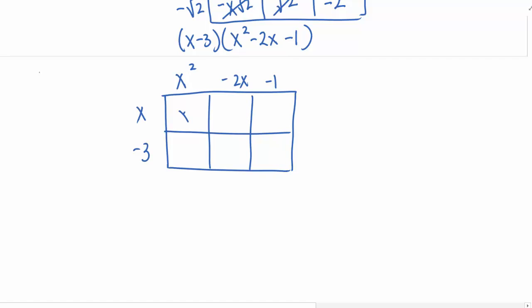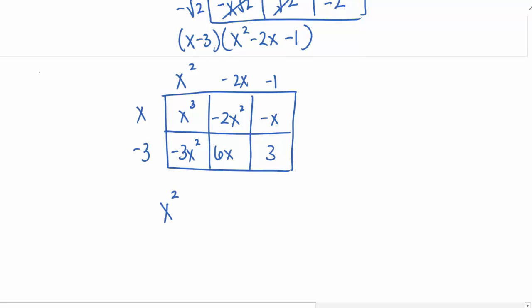So x times x is x to the third. Then I have negative 2x squared and negative x, when I'm just multiplying these together. Negative 3x squared. A negative 3 times a negative 2 is a positive 6x plus 3. Right? Negative times a negative is a positive. So then I combine my like terms.